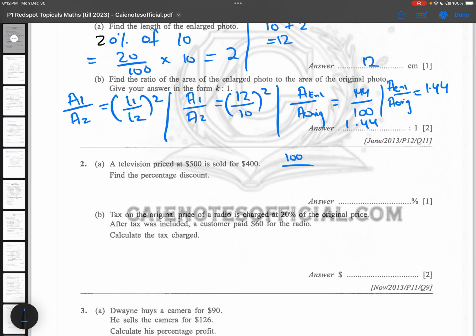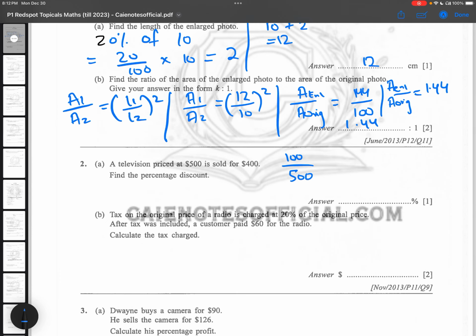This is the quantity of which the percentage has to be found out, divided with the quantity from which this 100 came, and that quantity is 500. So discount is 100 and the price was 500.